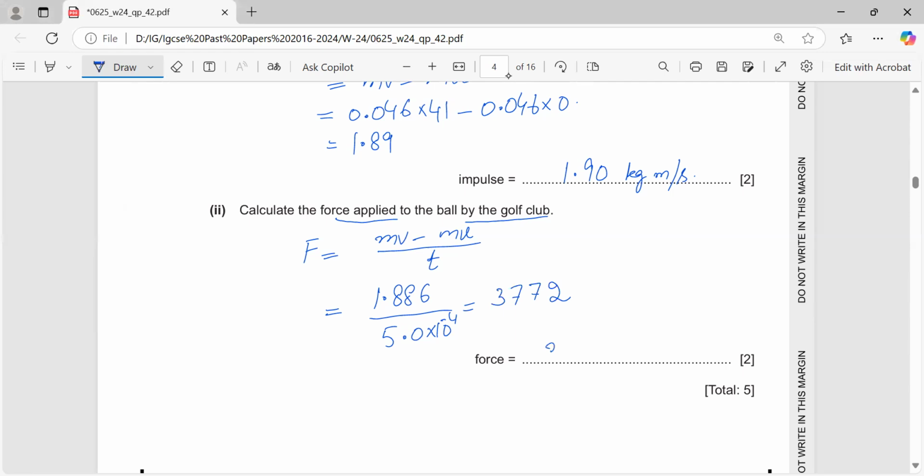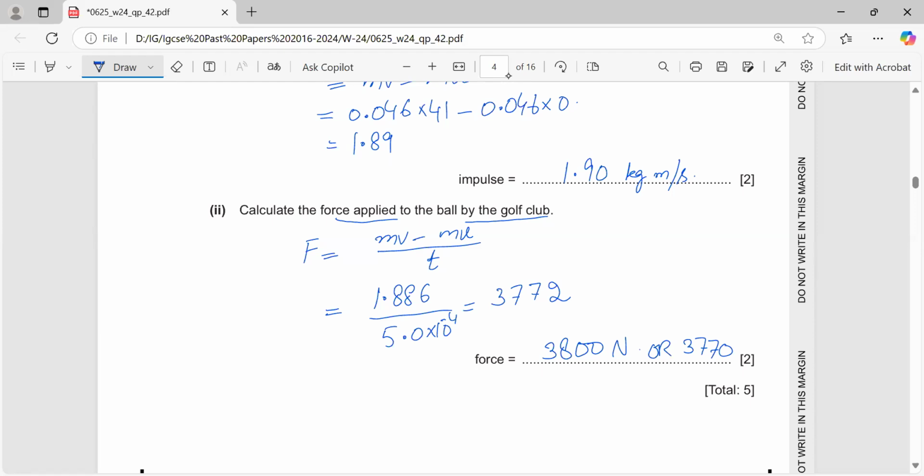We can write it simply 3800 to the nearest 100, or 3770, that will also work. But you are not going to write 3772 because 4 significant figures we are not allowed.